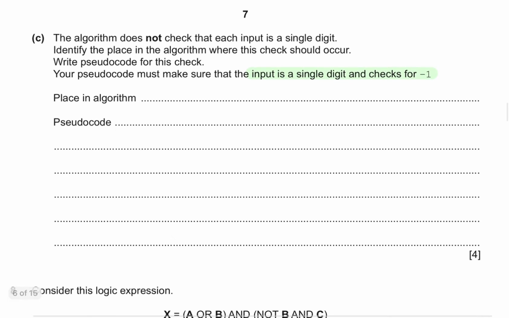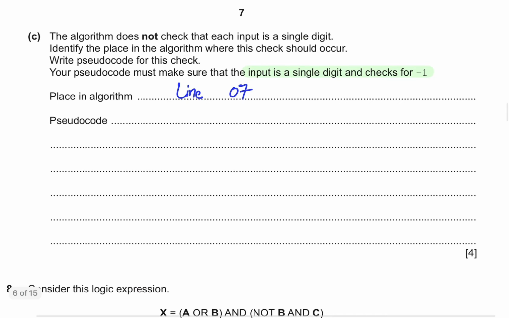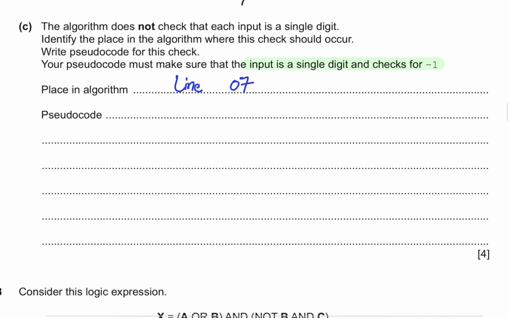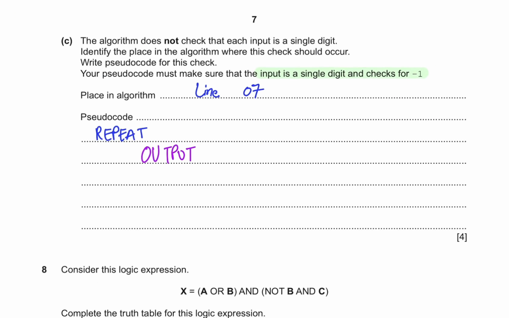So in the place in the algorithm, I could say line 7. Okay. And the example of the algorithm, I have to also write in the pseudocode. So I could say repeat until loop. The repeat will output saying enter a digit.